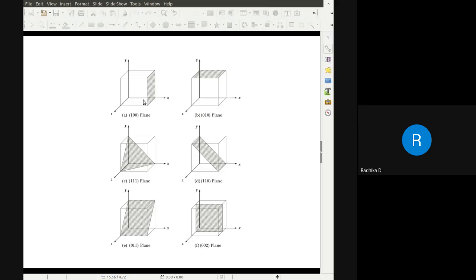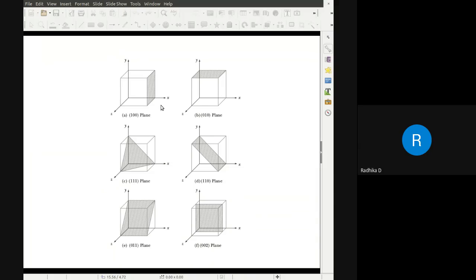Okay, when I take a unit cell, whatever length it is, be it one. When you draw a cube, obviously you take a scale and you draw maybe 1.5 centimeter, 2 centimeter, 3 centimeter, whatever you take. That is considered as 1 unit. Whatever your scale is, that is 1 unit. So the x-axis intercept is 1. The y-axis it is not intercepting, but it is parallel to y. So you will say it is meeting at infinity. So intercept is infinity.